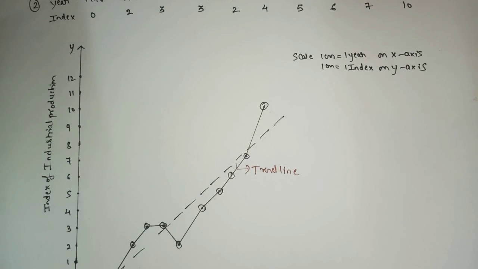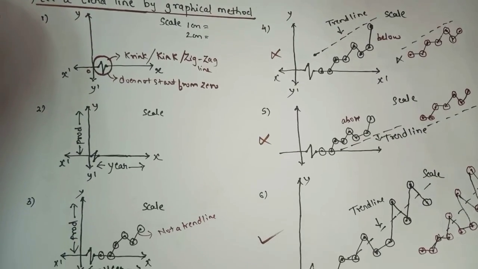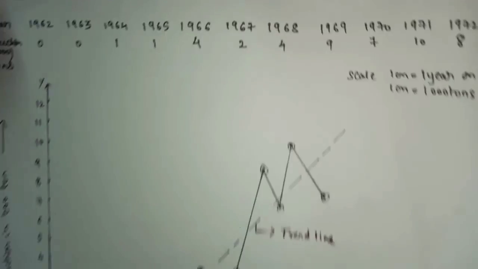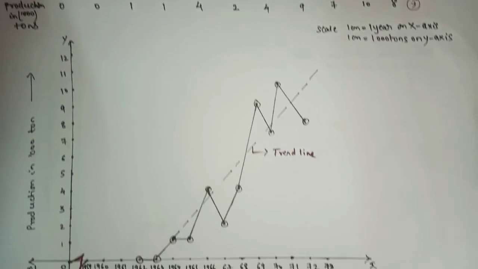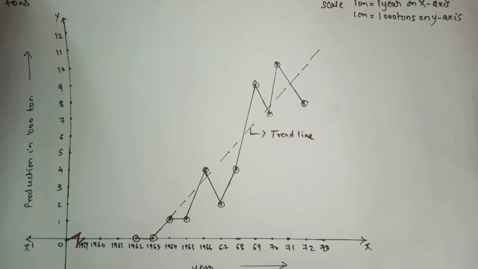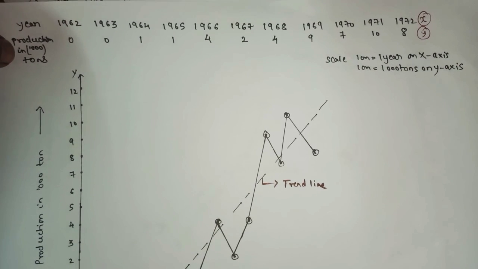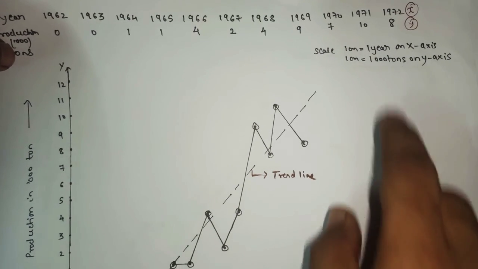Okay, so let's have a quick revision. We started with type number 3, where we saw some points. We took the first sum where we saw year and production was given, and the production was in 1000 terms, so that's why I wrote 1 centimeter equals to 1000.